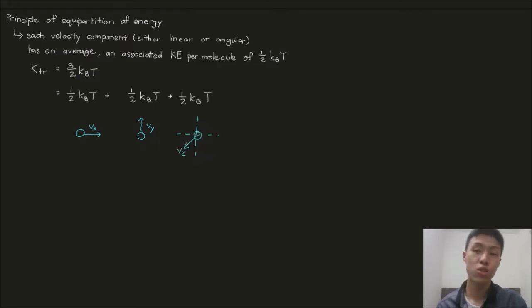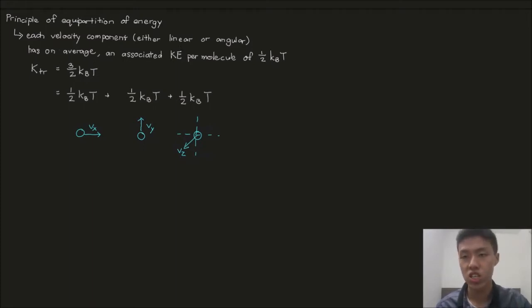So these are three different directions, and because this translational motion has the freedom to move in these three directions, we will have three times half kBT. Each velocity component, Vx, Vy, and Vz, will contribute half kBT of kinetic energy per molecule. But this is on average.